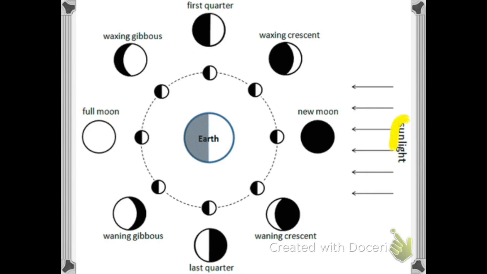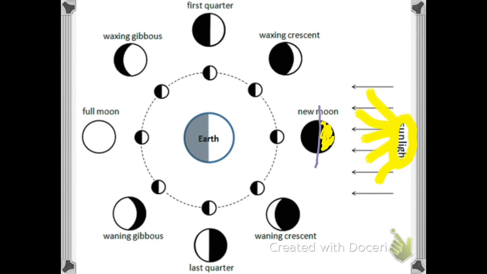So if our sun is here, then the new moon, notice, is always in between the Earth and the sun, because the sun is shining on this side of the moon. So that's the part that's facing the sun.